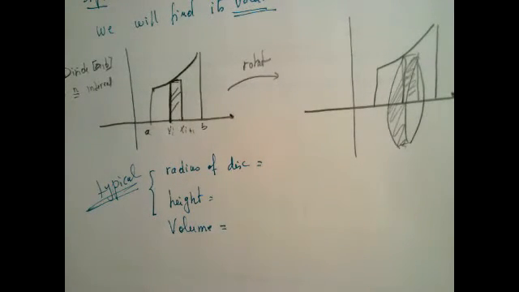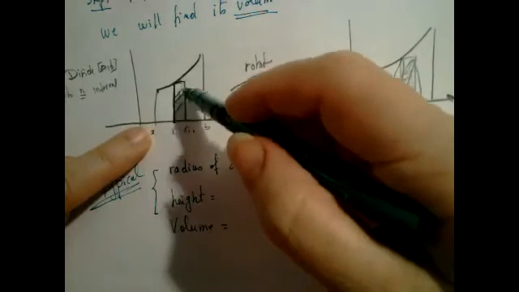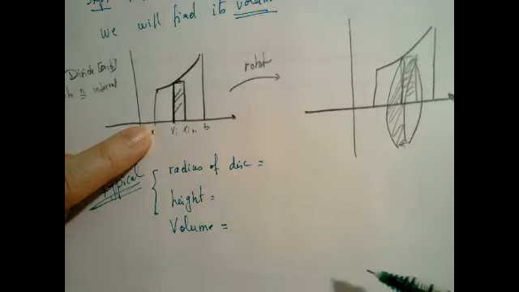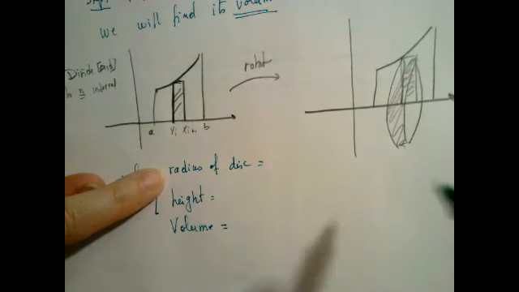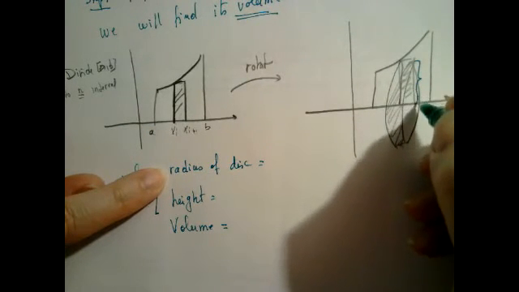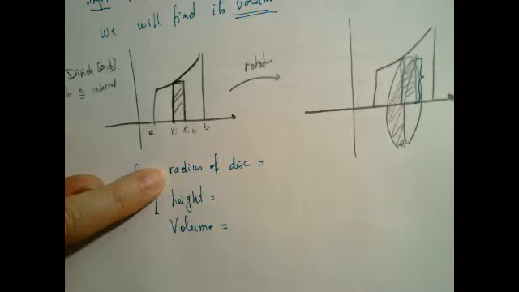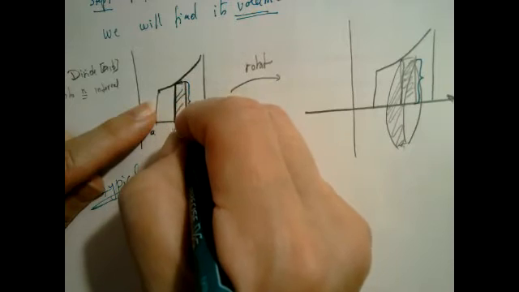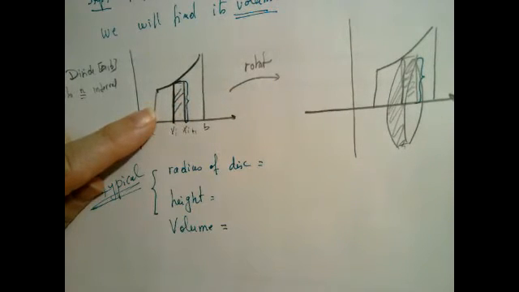Step by step. I take this rectangle and I rotate it, I get this disk. What is the radius of this disk? From here to here. Or in this easier picture, that's the radius.